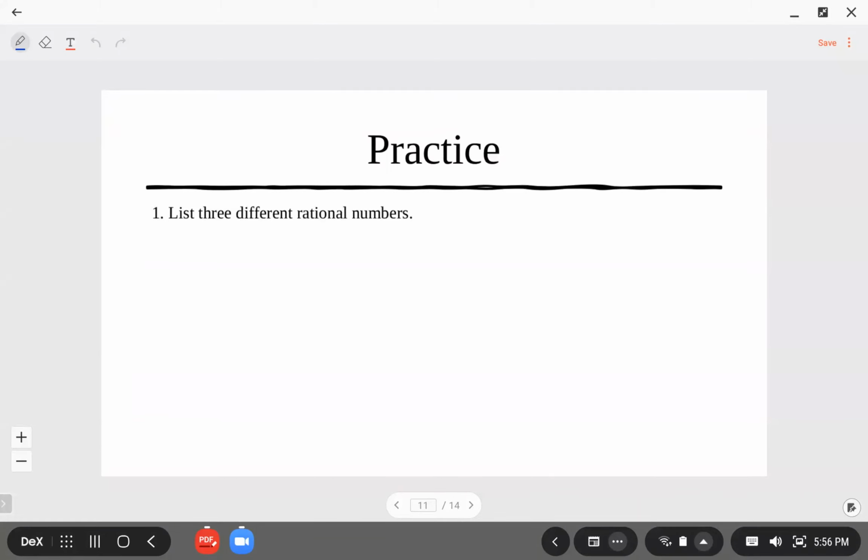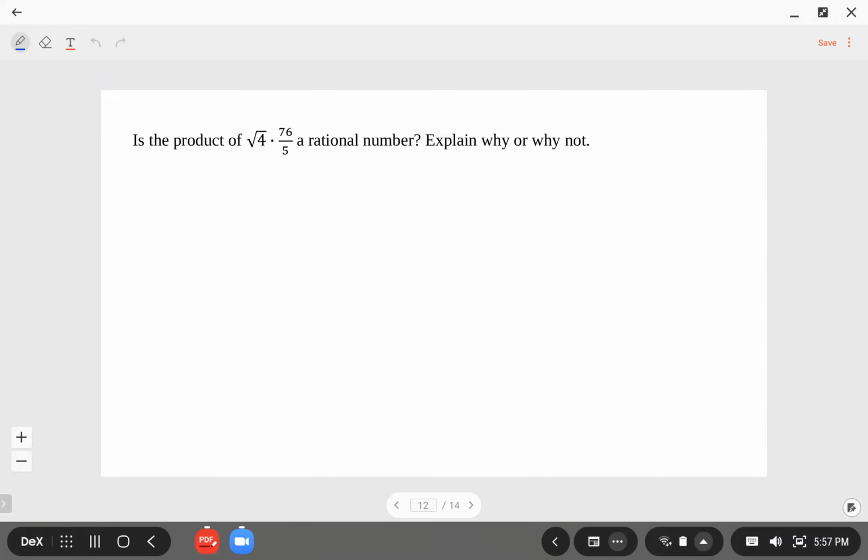Okay, so let me just come up with a few of my own. Let's say -29, square root of 4, and 9. Those are 3 rational numbers. And okay, this is number 2.